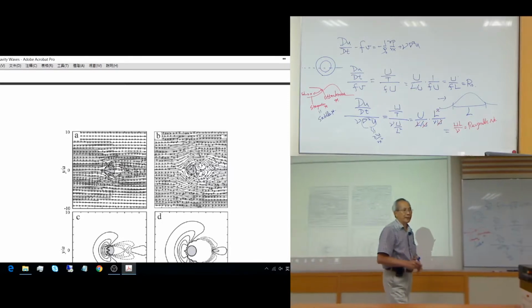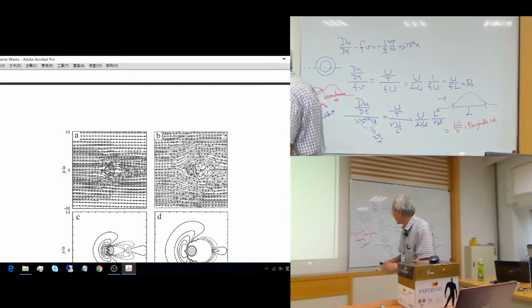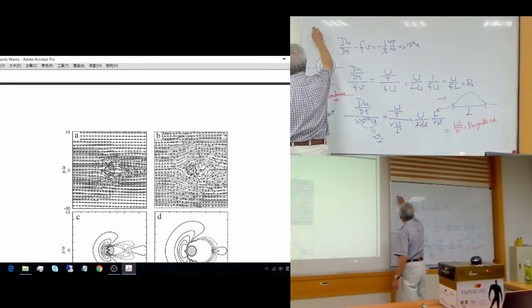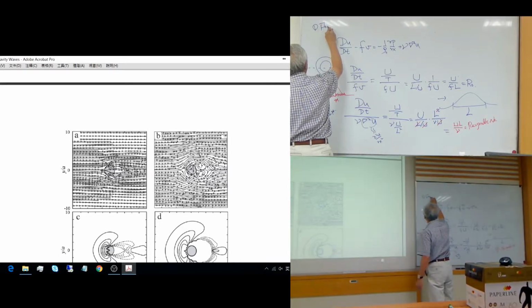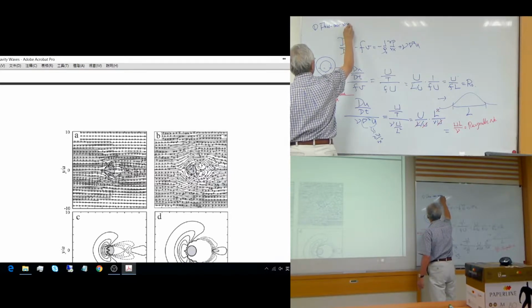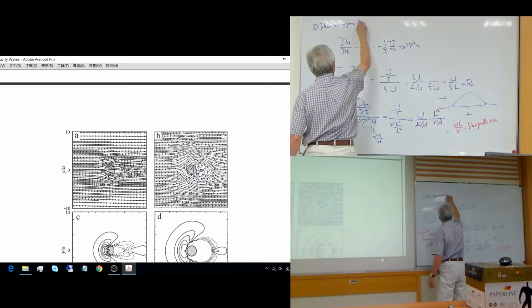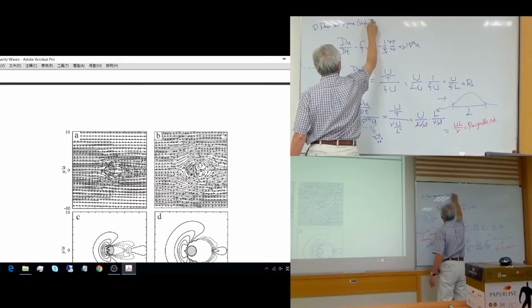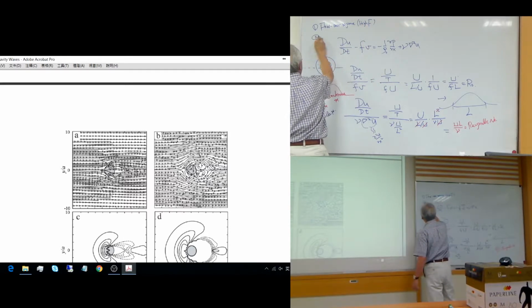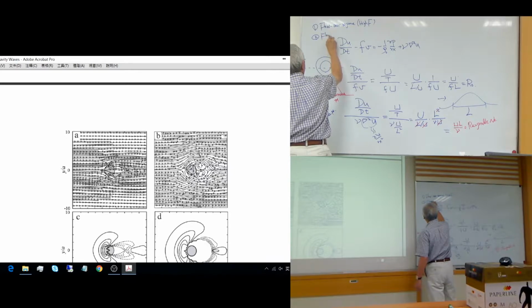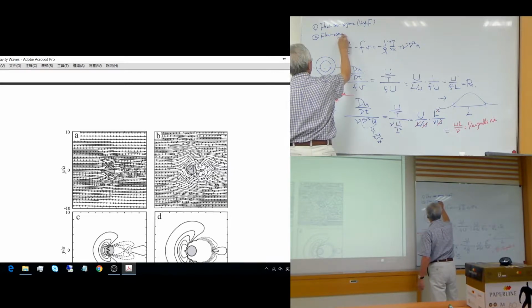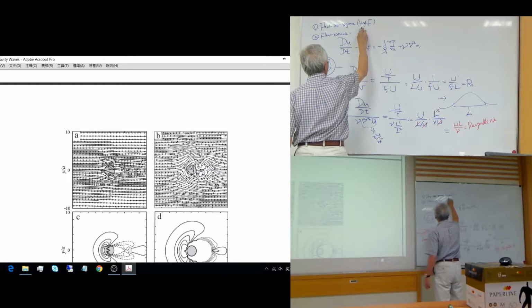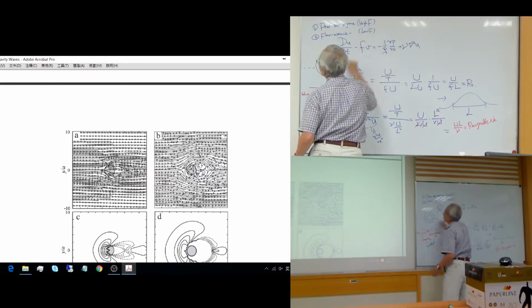They have two regimes here. One is the flow-over regime, that's high flow number. And the second one is the flow-around regime, that's low flow number.